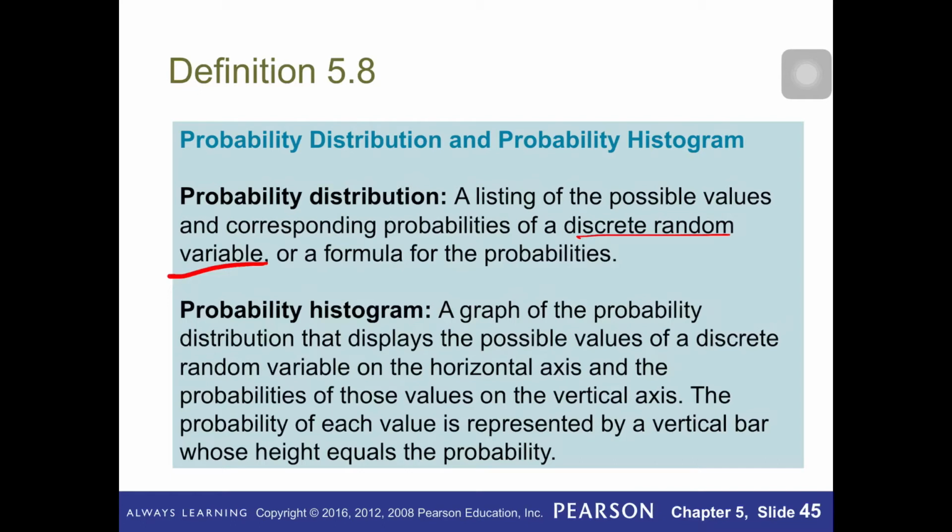Okay, probability histogram is a graph which represents the probability distribution of possible values of a discrete random variable.